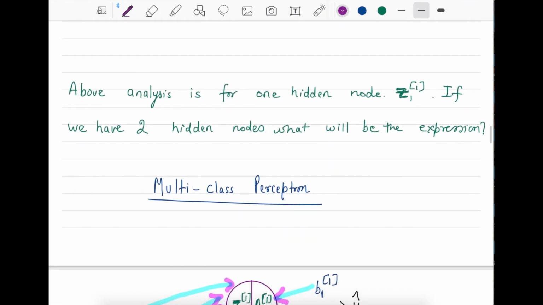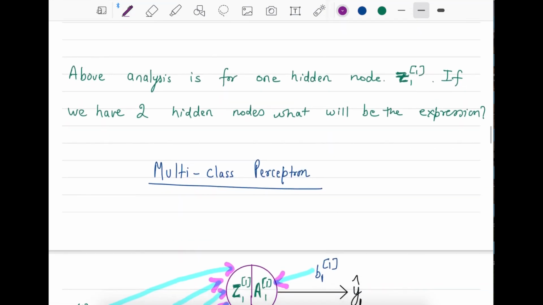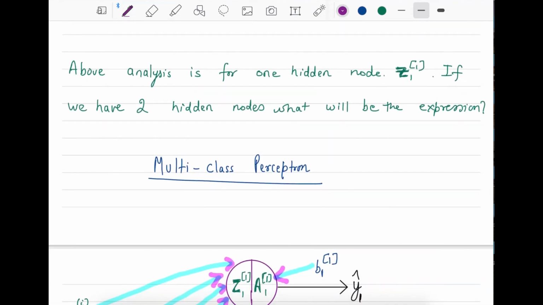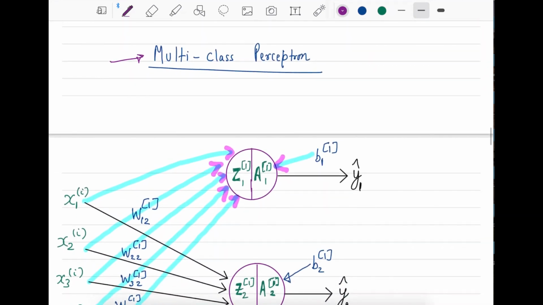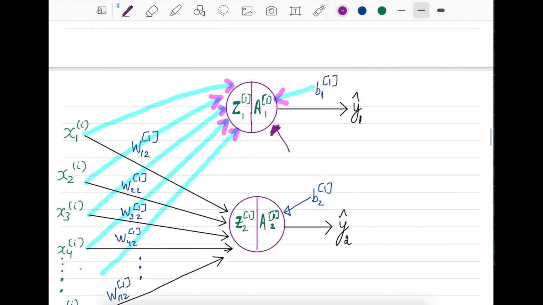Now we will discuss the multi-class perceptron. In the earlier case, we were only considering this node as the first node, and we were discussing all the analysis based on this node. But now I am adding a complexity by adding one more node in this single hidden layer.